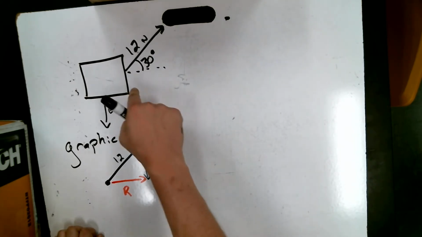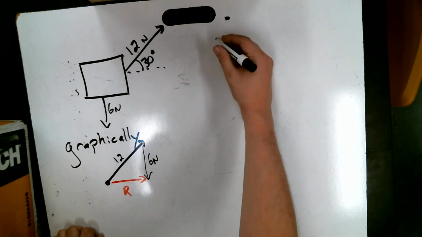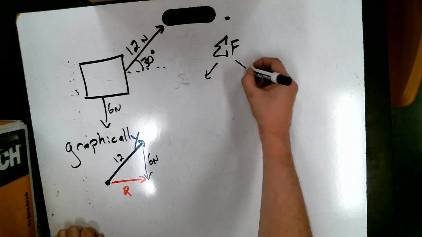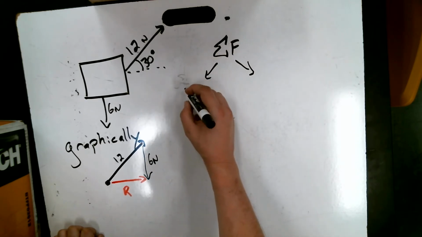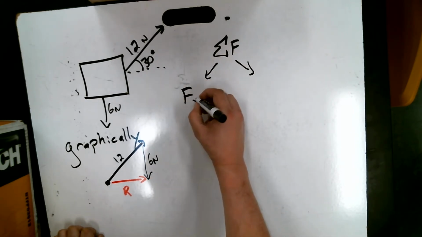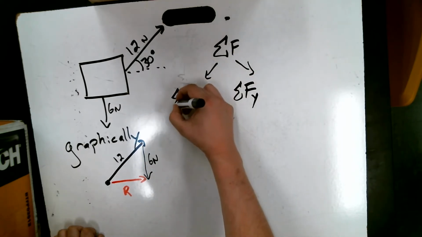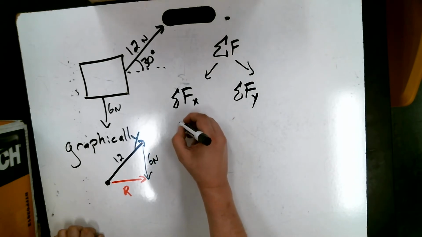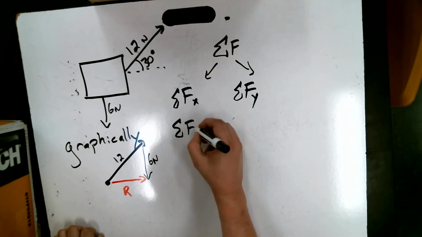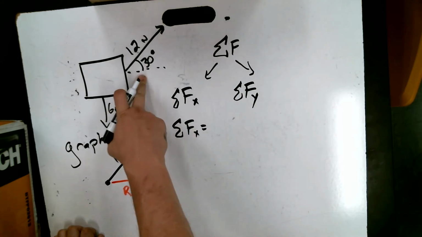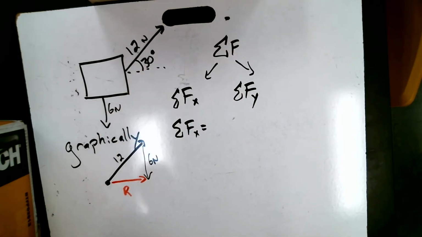So to do this algebraically, we're going to take the sum of the forces. We're going to split it again into the forces in the x direction and the forces in the y direction. So the sum of the forces in the x direction is going to equal, now this is tricky, I don't have an x direction, so I need to find that.